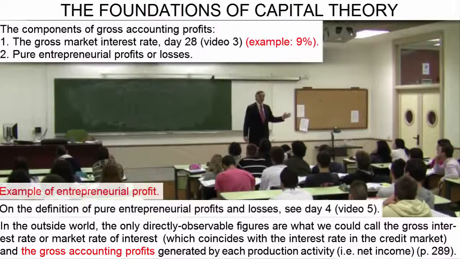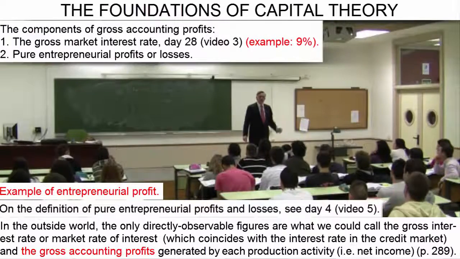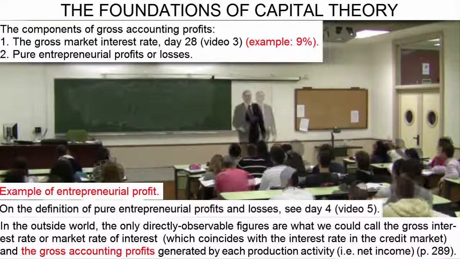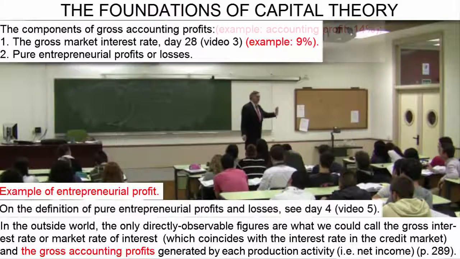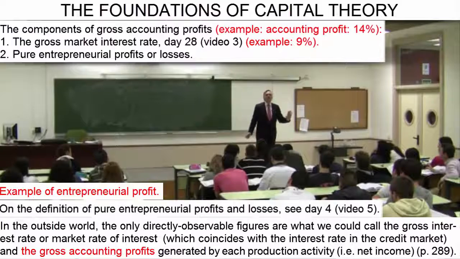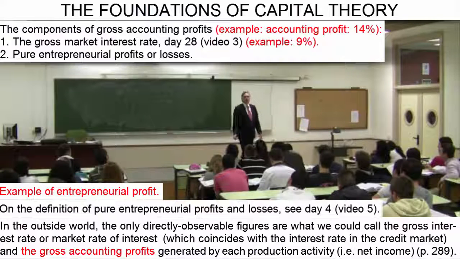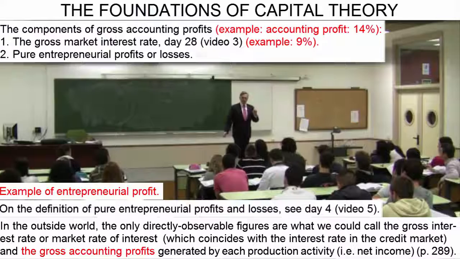Imagine that the owners of the company in our example, the company that produces skirts, close their balance sheet at the end of the year and do their accounting, income minus expenses, and they find they have obtained an accounting profit of 140,000 euros. Now, the question is, have they made an entrepreneurial profit or sustained an entrepreneurial loss, and of what amount?